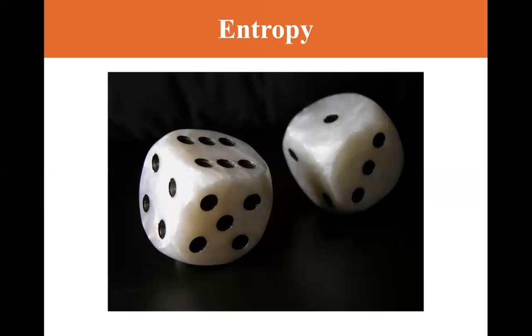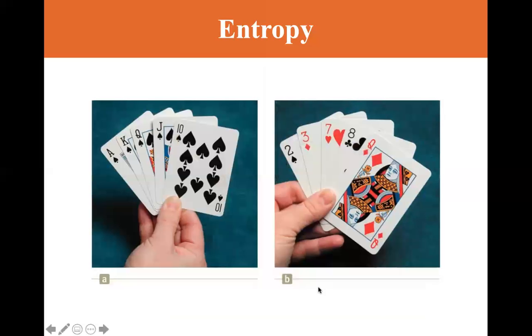Let's look at some cards. In a 5-card poker hand, there's only one microstate associated with the macrostate of a royal flush. The royal flush of 5 spades, laid out in order from 10 to the ace.